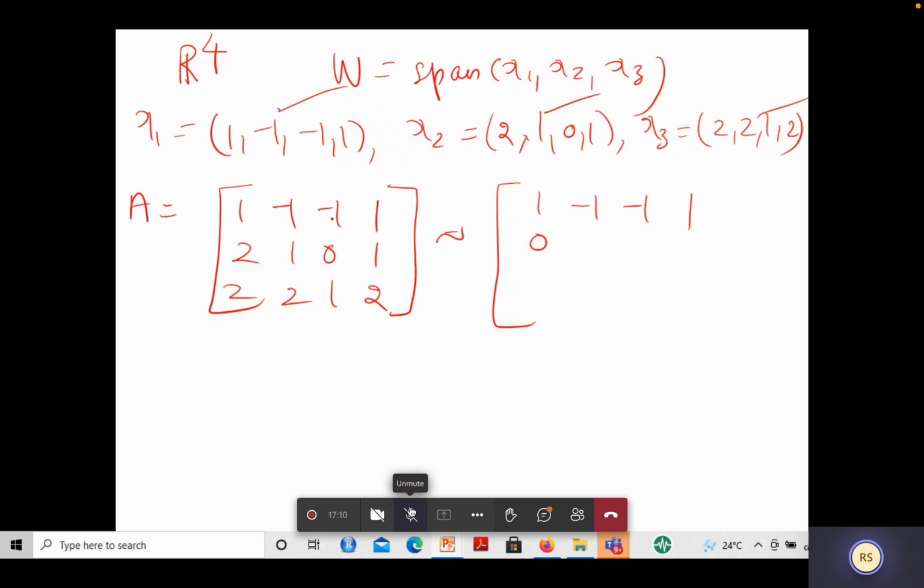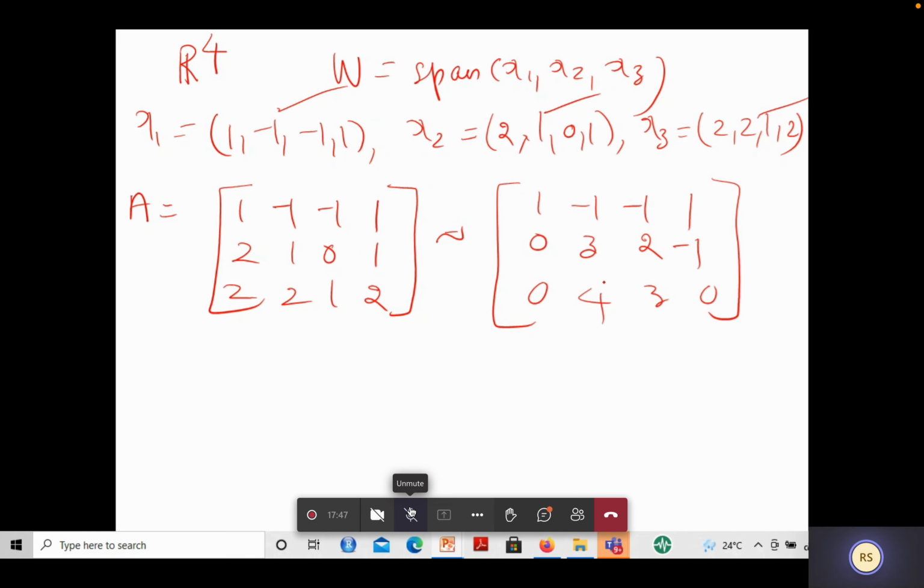So 0, 3, 2, minus 1. Then 0, 2 plus 2 is 4, 1 plus 2 is 3, 2 minus 2 is 0. Check whether the procedure is correct, all subtraction, everything. Yeah, this is right.